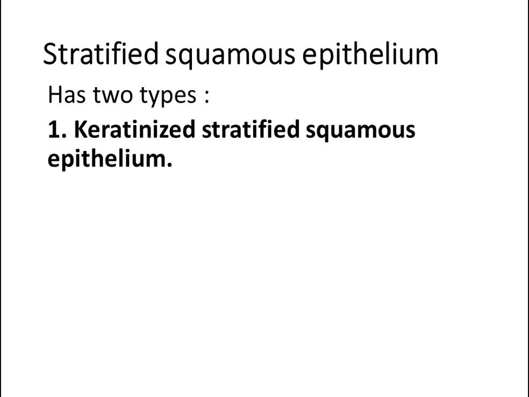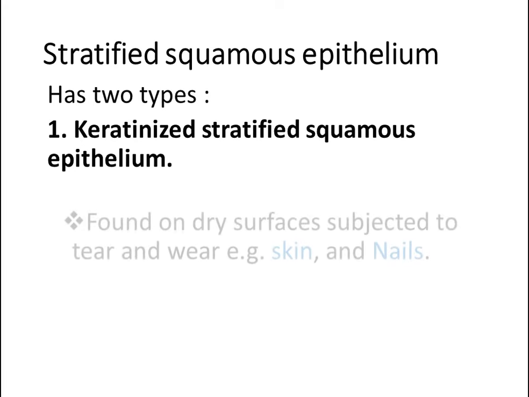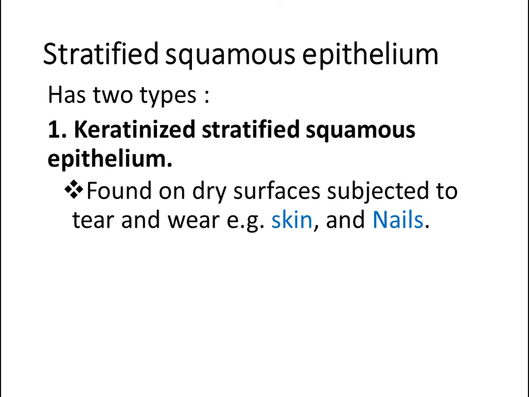Okay? Now, the keratinized stratified squamous epithelium is found on dry surfaces, which are subjected to tear and wear. An example of such is the skin, the nails, and the hair. Now, the cells on the surface of this epithelium are dead and they do not have a nucleus.